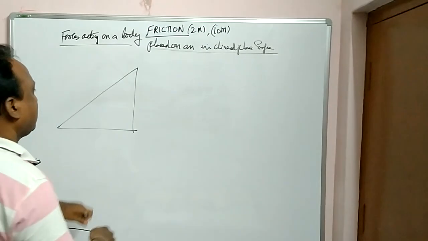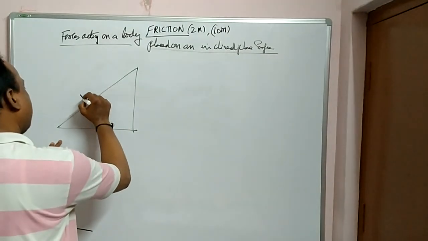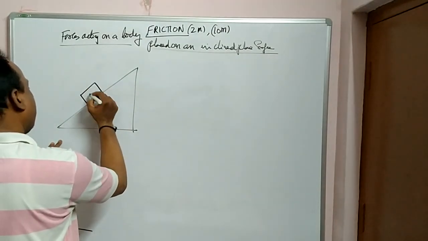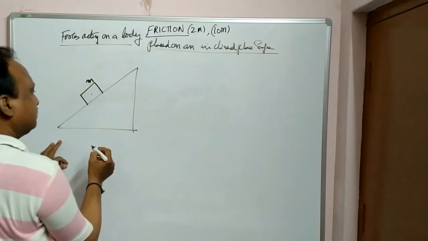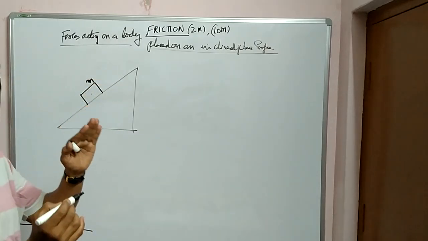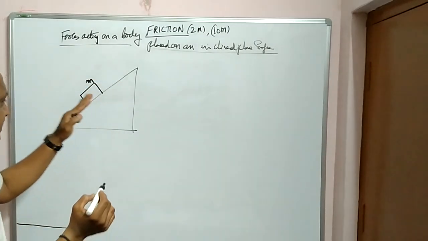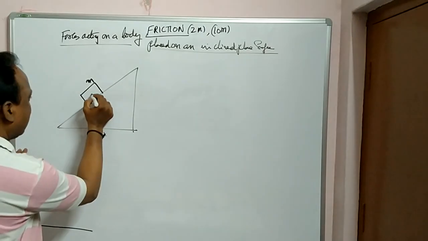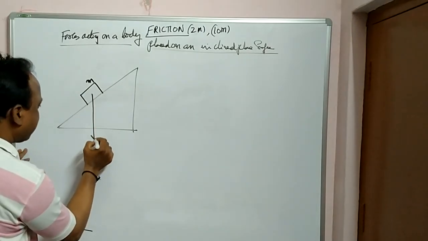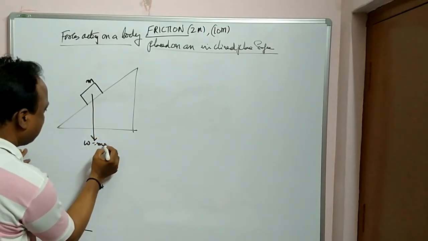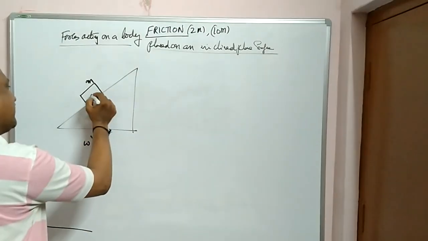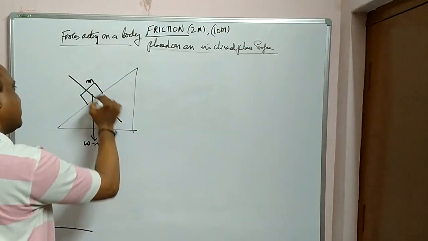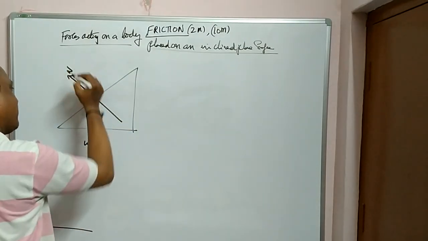Now let us consider a block having mass m. It is resting, please note. It is not sliding, it's just resting. Let this be the weight mg, and these are the components. This is the normal force.